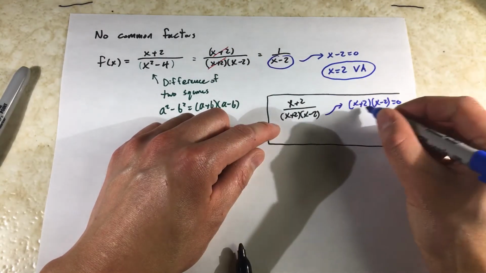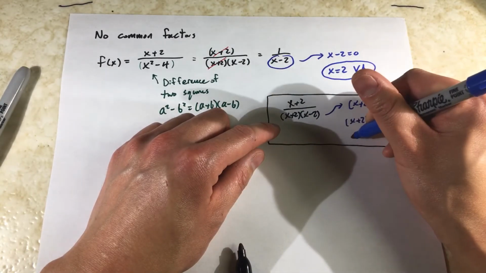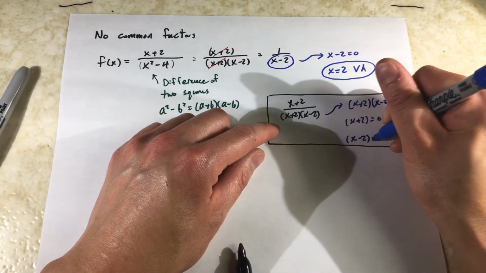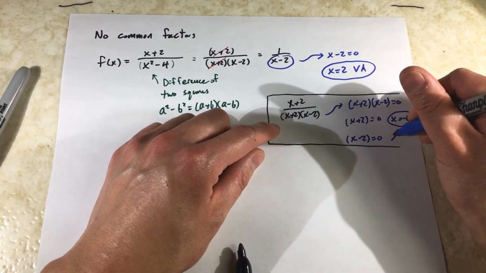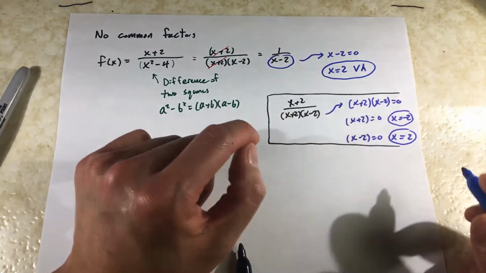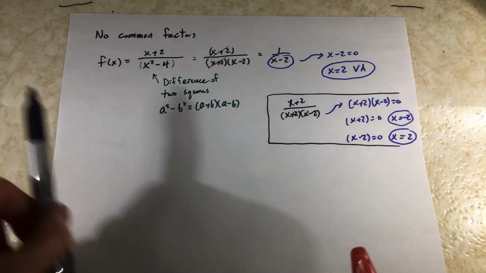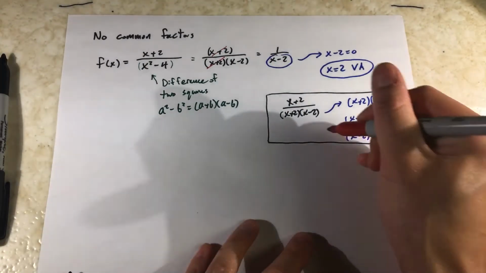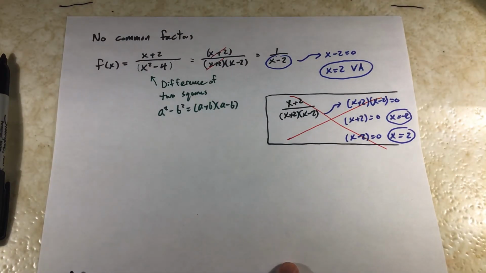If you have two things multiplied and they're equal to 0, then you would say x plus 2 is equal to 0, or x minus 2 is equal to 0. That might lead you to think that you have two vertical asymptotes, x equals negative 2 and x equals positive 2. But that would be false, and the reason it's false is because you didn't cancel out the common factor.